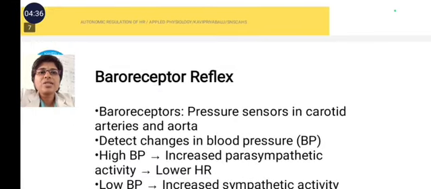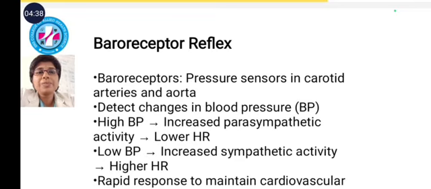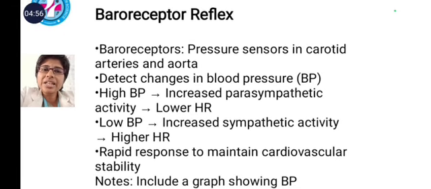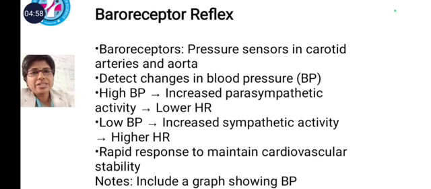Baroreceptors are pressure sensors present in the carotid and aortic arch, and they detect blood pressure. Once the pressure increases, the heart rate starts to decrease. Increased parasympathetic activity in the medulla oblongata lowers the heart rate, and in low blood pressure, increased sympathetic activity raises the heart rate.